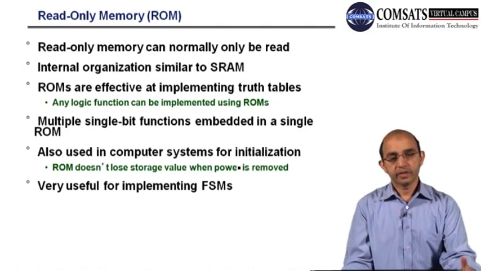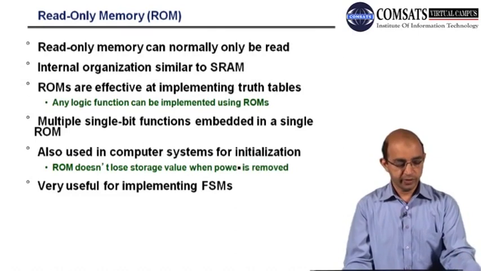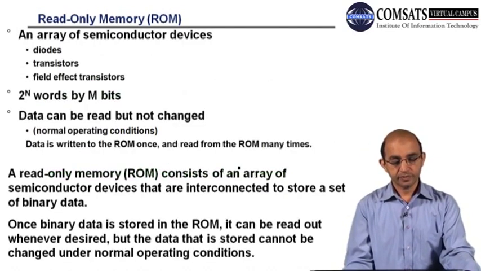In Mealy machine, the output is a function of the present state and the input. So we can implement those state machines, or we can use ROMs whenever we are implementing those different state machines. The ROMs are actually constructed or designed with the help of diodes, transistors, and FETs.